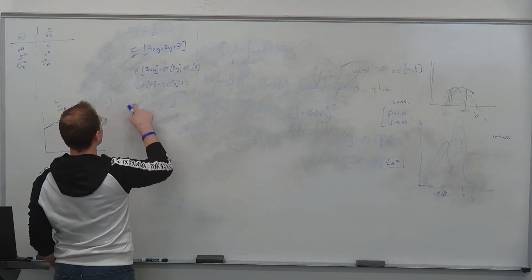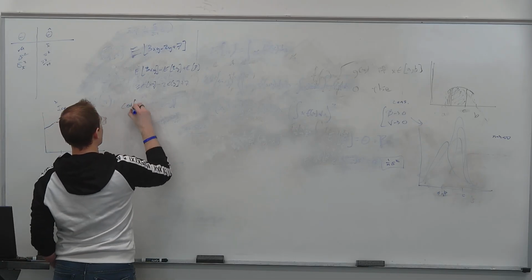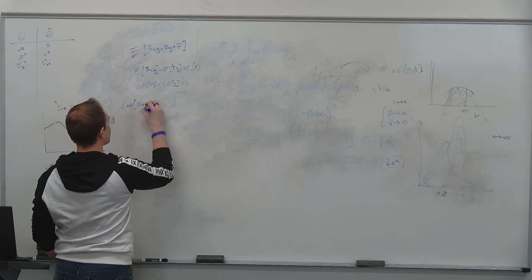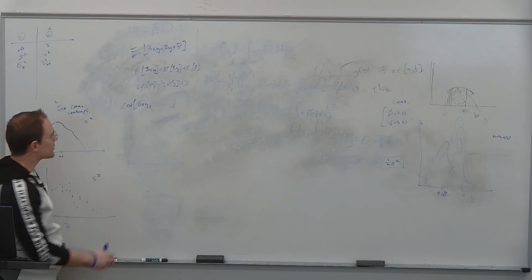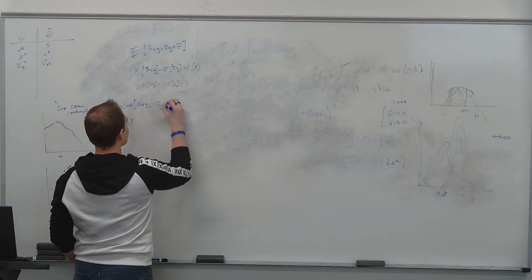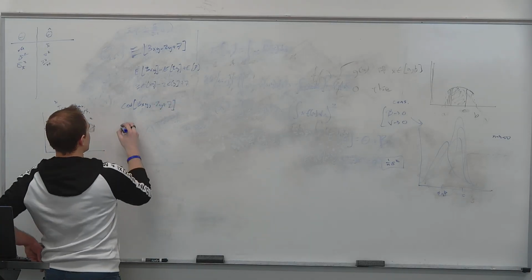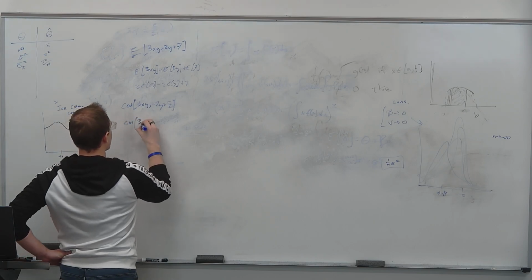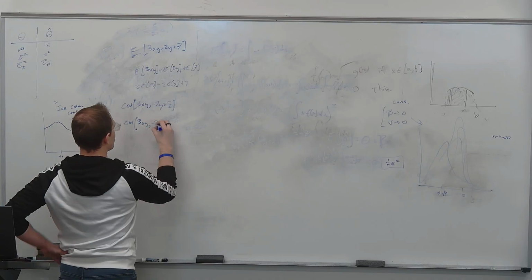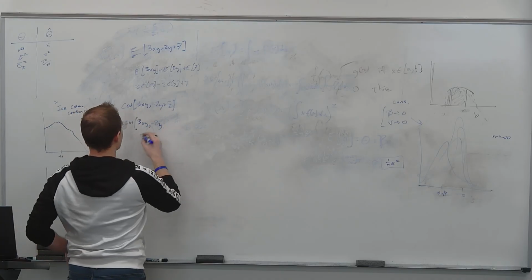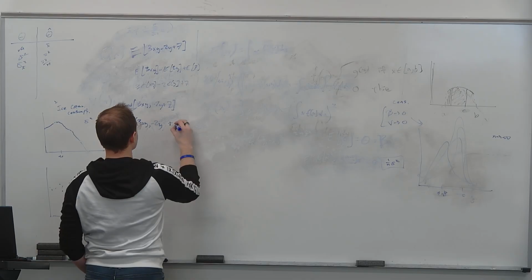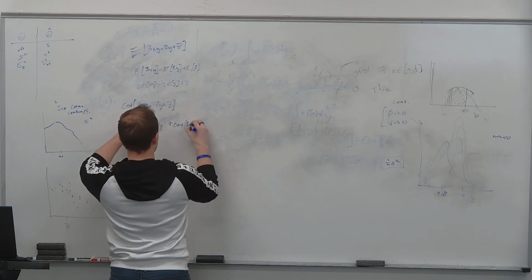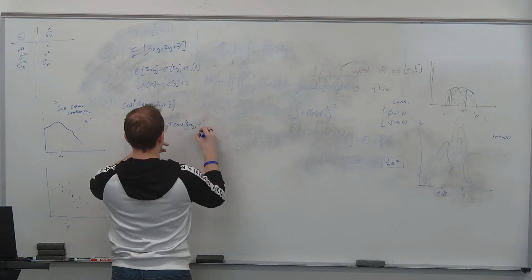Let's take the covariance. You need the covariance of two things, so let's take the covariance of 3xy and negative 2y plus 7. The covariance of those is the covariance of 3xy and negative 2y, and then you distribute it to the 7 as well, so plus the covariance of 3xy and 7.